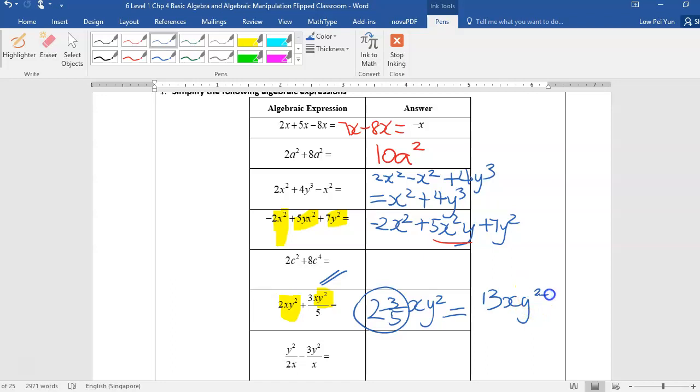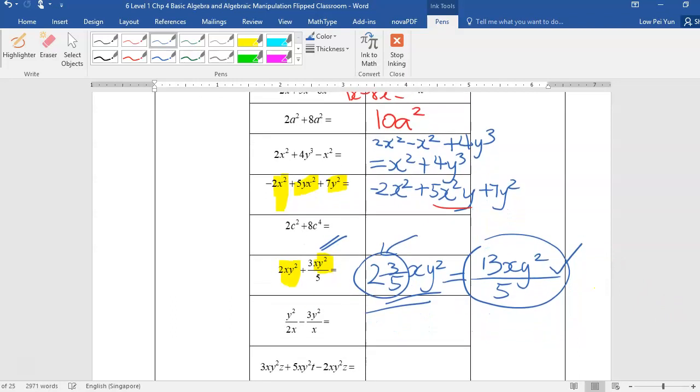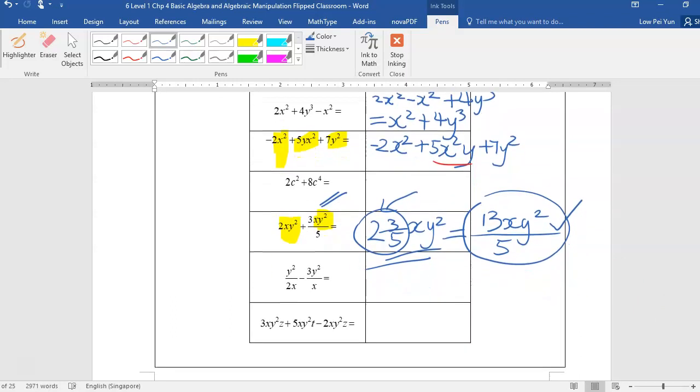So a mixed number may have that misunderstanding, whereas an improper fraction is very clear, that 13 times x times y squared divided by 5. 2 and 3/5 is 2 plus 3/5, but some may mistake this to be 2 times 3/5 if written in the algebraic form. So this is preferred to the mixed number in algebra. Alright? Okay, next part.